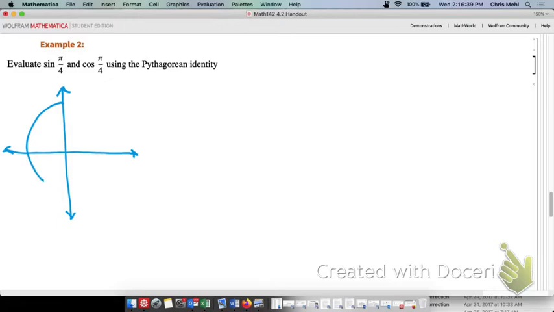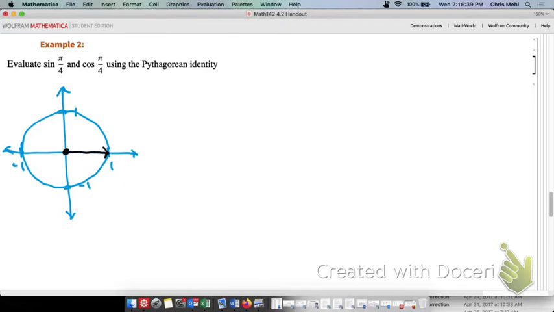I'm just going to try my best to draw. I can't draw a circle without doing tick marks. So here's my unit circle in the XY plane. And pi over 4 is actually right in the middle of 0 and pi over 2.